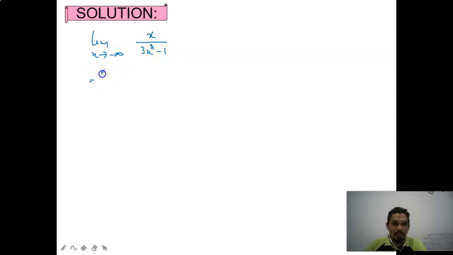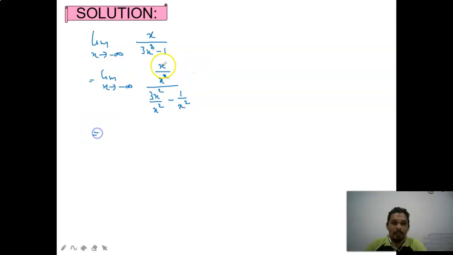So then, it is equal to x divided by x squared, divided by 3x squared divided by x squared minus 1 over x squared.